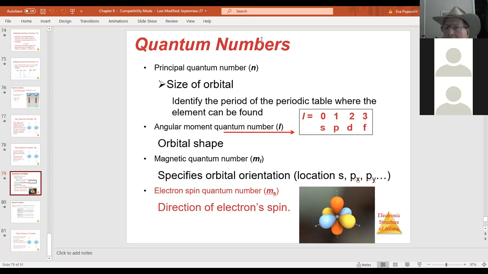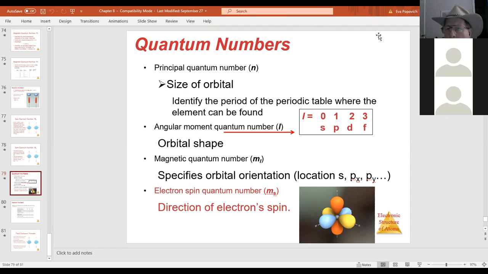M sub L can have values from minus L, integer down to 0, integer up to plus L. So if L is equal to 1, M sub L can be minus 1, 0, and 1. If L is 2, M sub L can be minus 2, minus 1, 0, plus 1, plus 2. So the M sub L is going to dictate which orbital it's in.